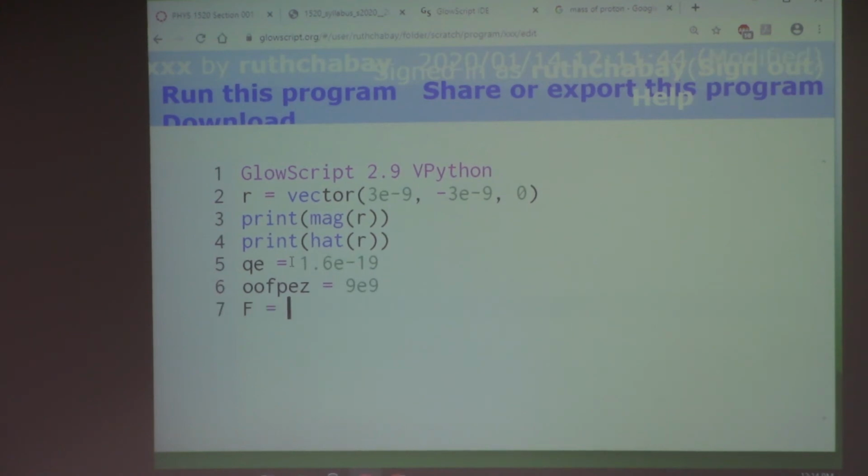And so the force is 1 over 4 pi epsilon 0 times 2 times QE times minus QE, divided by the magnitude of r squared, the whole thing in parentheses, multiplied by r hat. Does that look right? Parentheses matched. We'll see.